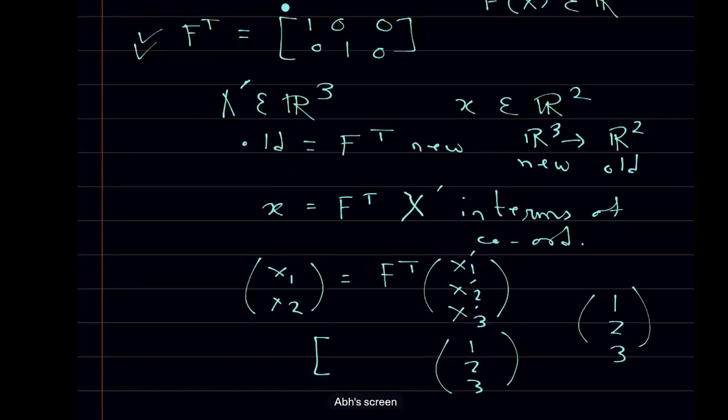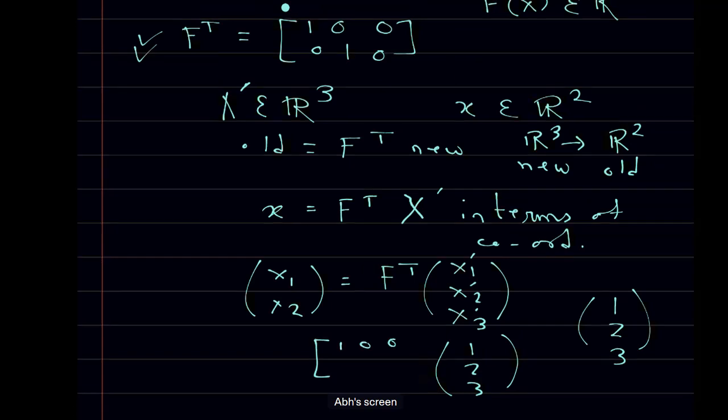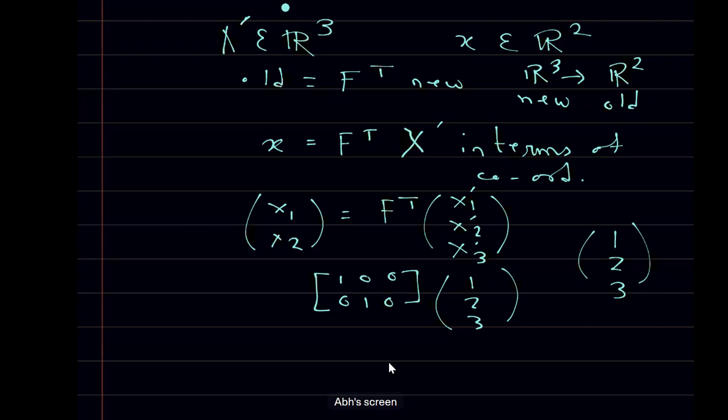Can we do this, Bikram? If I do this, what's the answer? It's going to be 1, it's going to be 2, and I think this is correct. Please check if I have done everything correctly.